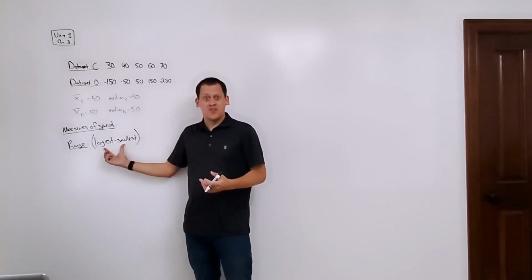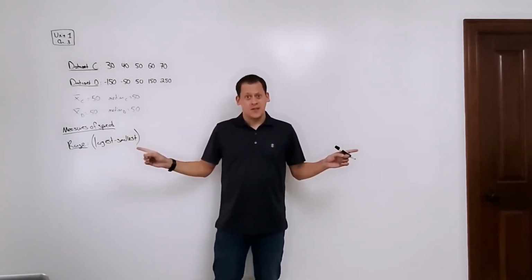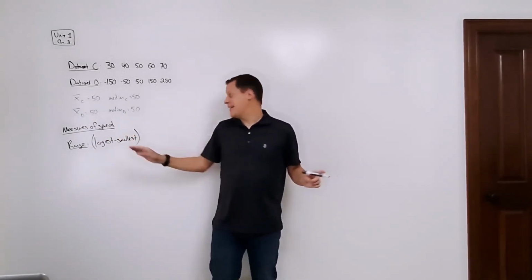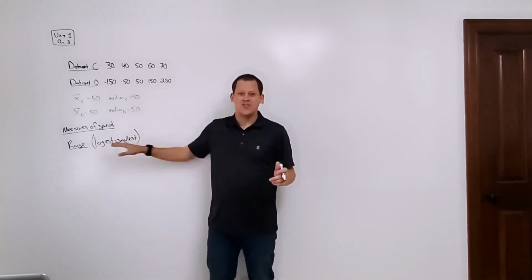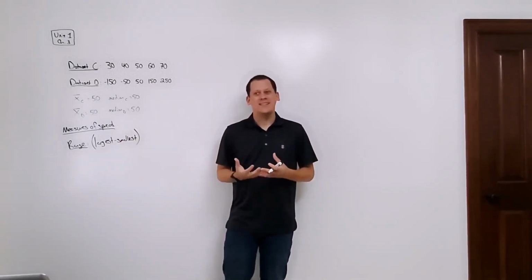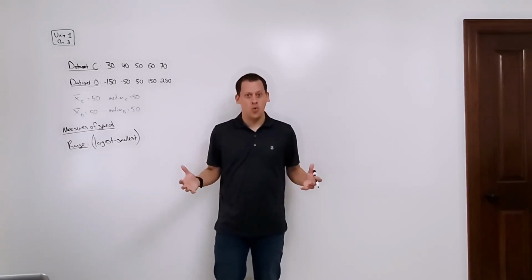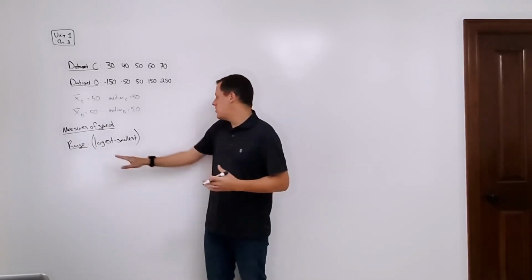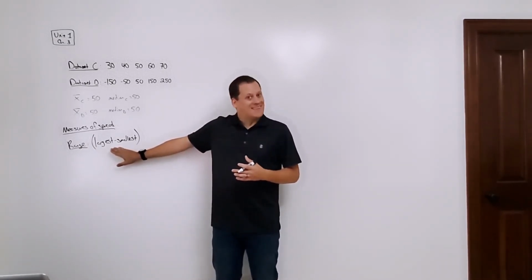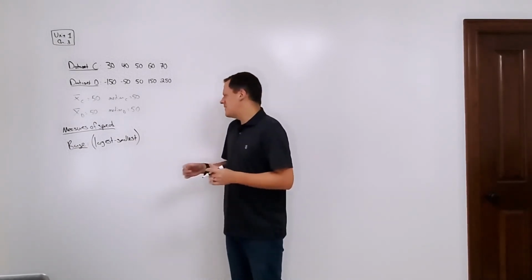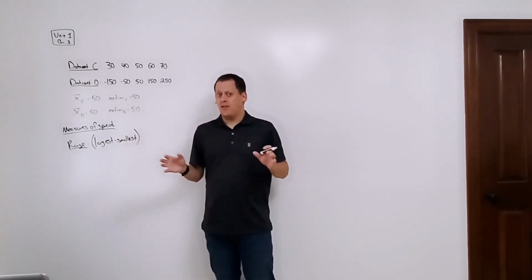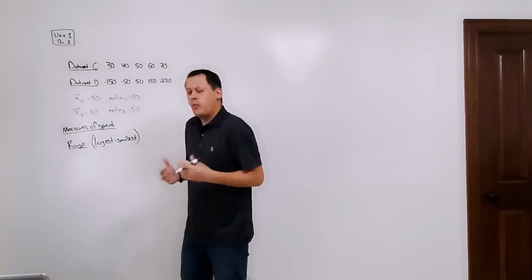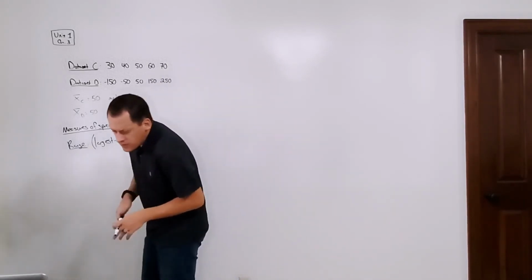And on top of that, they're the 2 most extreme values. So if you've got outliers on either end, that's really going to affect the range, and that doesn't really give you a good idea of how spread out the data set as a whole is. We want to be able to use more values than just these. Okay? And we definitely don't want to use the endpoints because outliers can really mess that up. So we can probably do better than that.